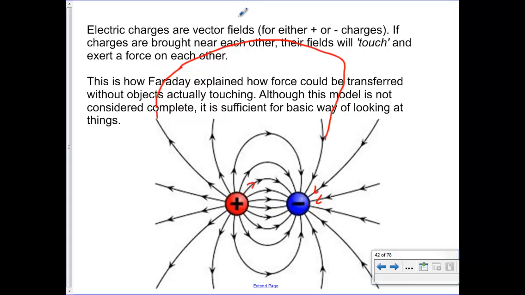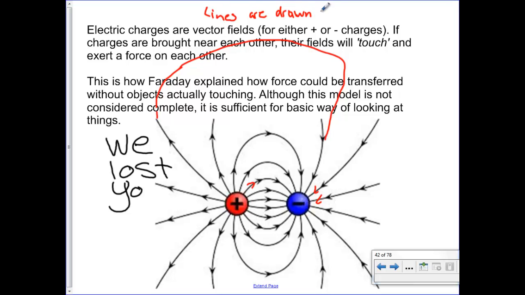Oh, I lost these guys. Lines are drawn from positive to negative. Sorry, you guys might have to bear with me for a second.